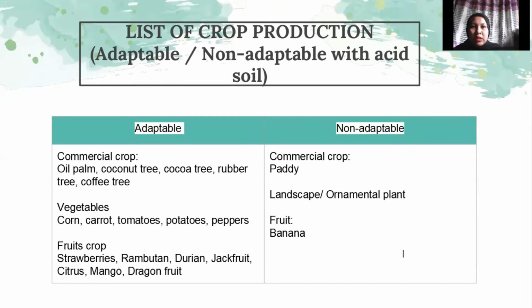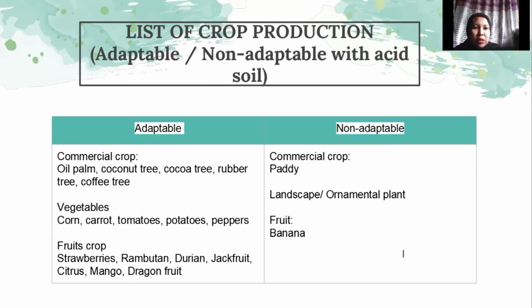This is the list of crop production which is adaptable or non-adaptable with acid soil. For adaptable, there are three types of crop. First is commercial crop, second vegetable crop, and third is fruit crop.